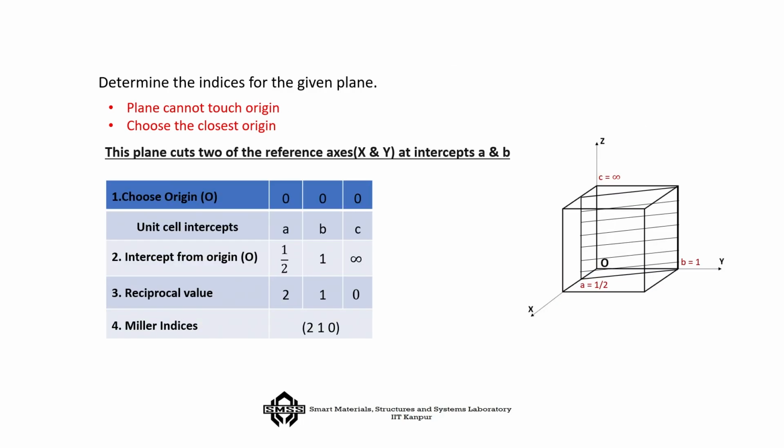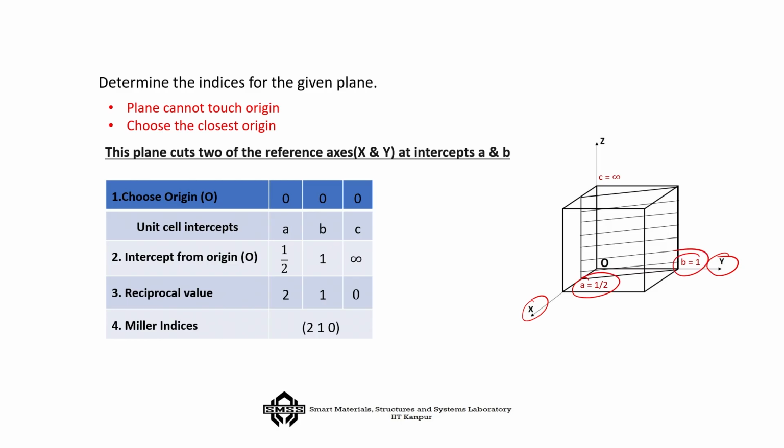Now, determine the indices for the given planes where the plane cannot touch the origin and choose the closest origin. So, you have the plane, and it cuts two of the reference axes, x and y, at intercepts a and b. A is half and b is 1.